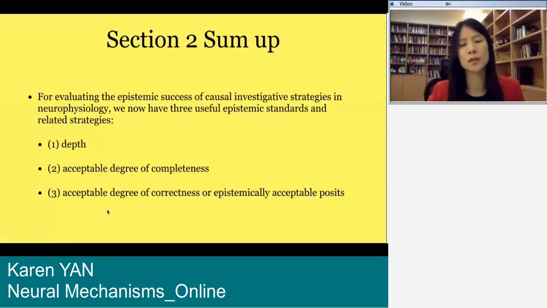So the summary of section 2 is that now we have three standards and some related strategies we can use. One is depth, the second is acceptable degree of completeness, and the third is the acceptable degree of correctness, or epistemically acceptable posits.